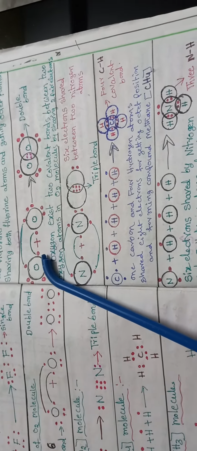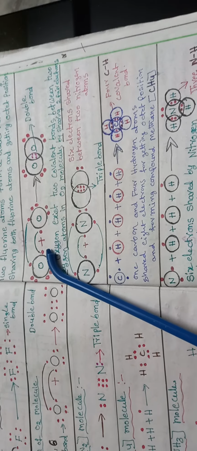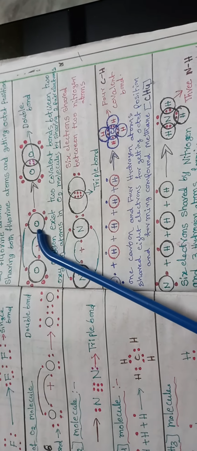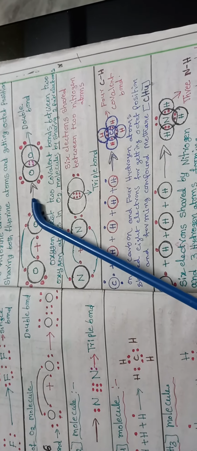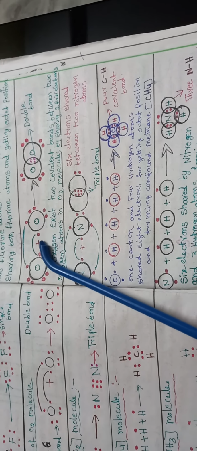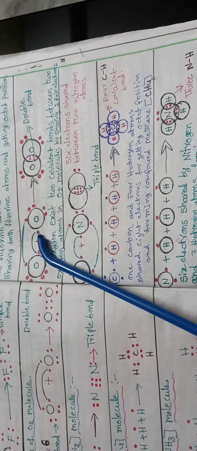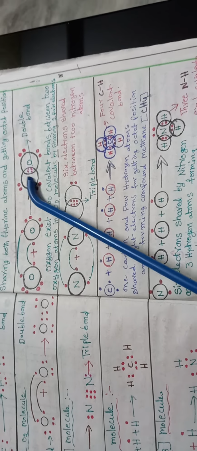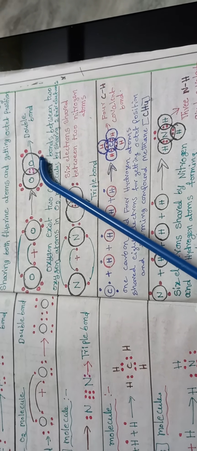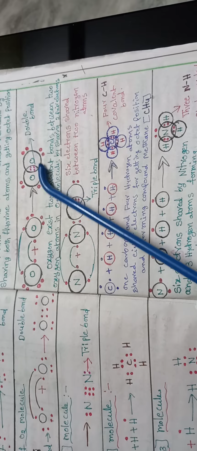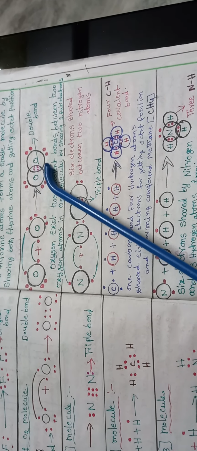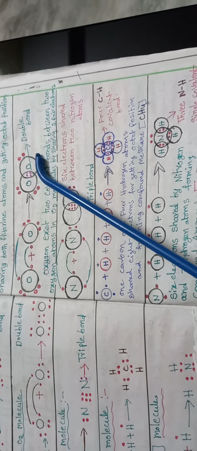Here we can see the diagram. Valence electrons can be seen. 2 valence electrons in one oxygen, another 2 valence electrons in another oxygen. These 2 valence electrons come together between the 2 oxygen atoms, forming a double bond by sharing 4 valence electrons between oxygens.